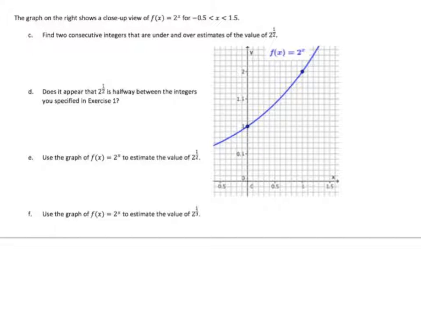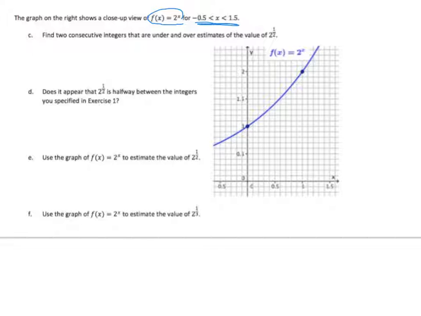The graph on the right shows a close-up view for f of x equals 2 to the x for just this range, from x equals negative 0.5 to x equals 1.5. Find two consecutive integers that are under and over estimates of the value of 2 raised to the 1/2.